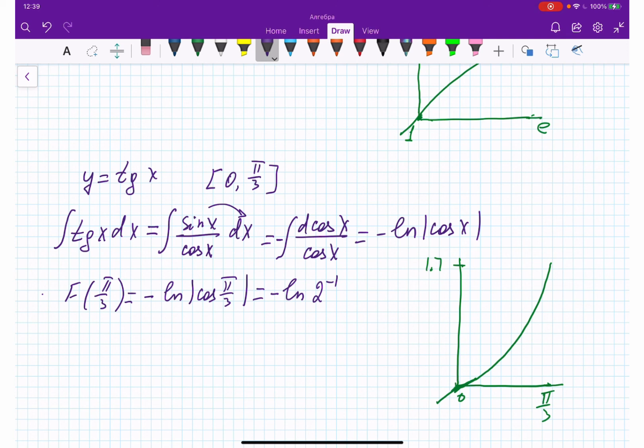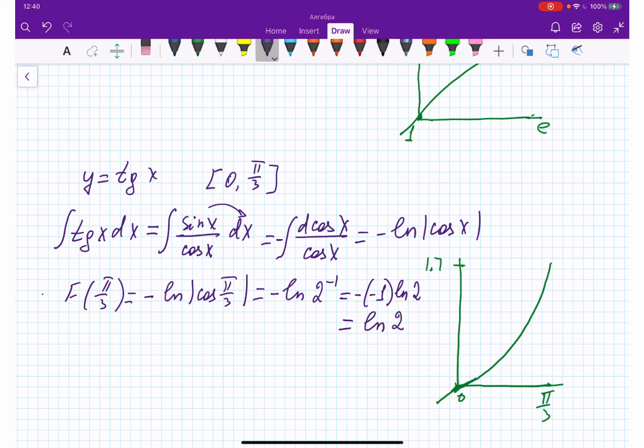I put 2 to the negative 1, and the negative 1 comes in front, so it's negative 1 times logarithm of 2, and that is equal to positive logarithm of 2.